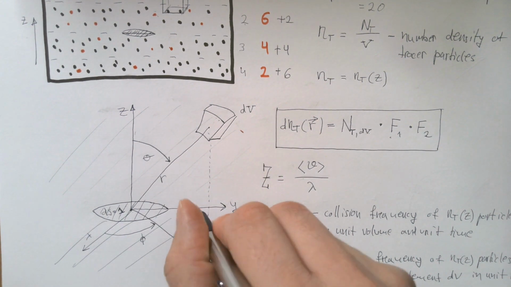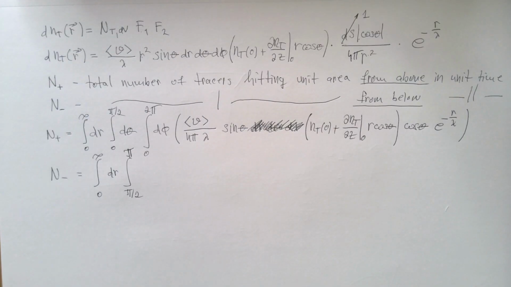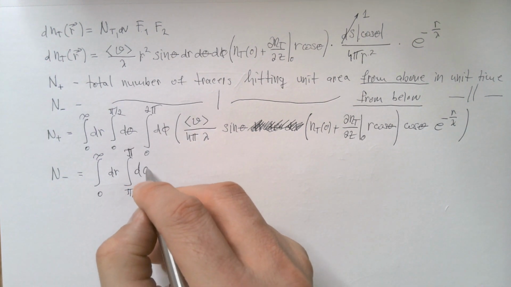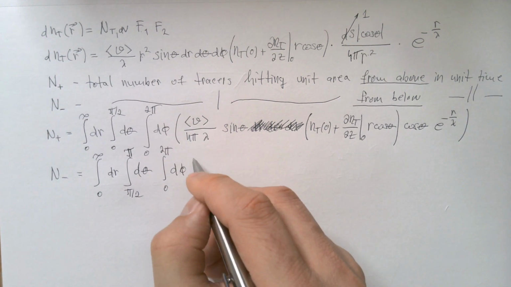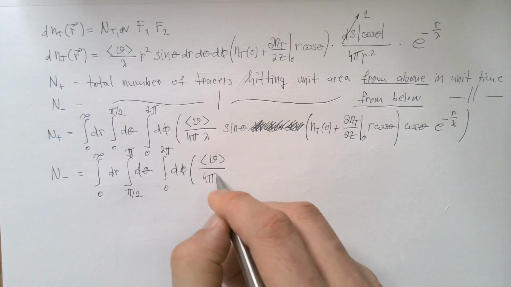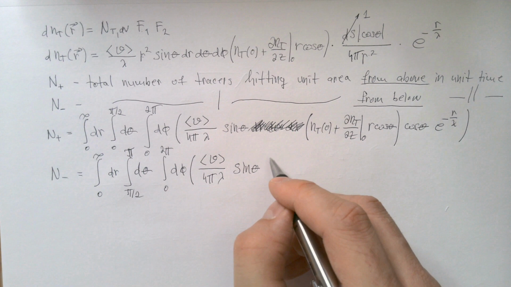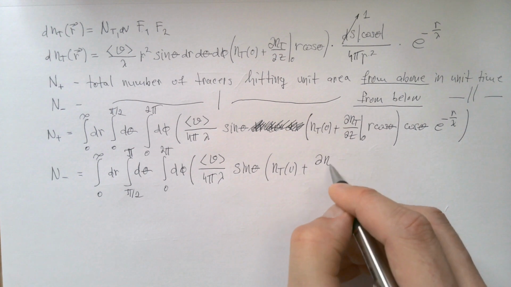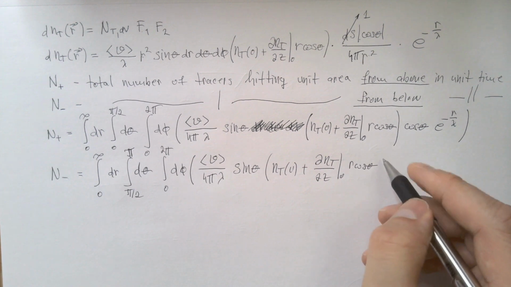So theta is going from here to the negative part of the z-axis, and that is from pi over 2 to pi, d theta, integral 0 to 2 pi d phi. And then again here I will have average v over 4 pi lambda, sine theta times nt of 0 plus delta nt delta z evaluated at 0 times r cosine theta.